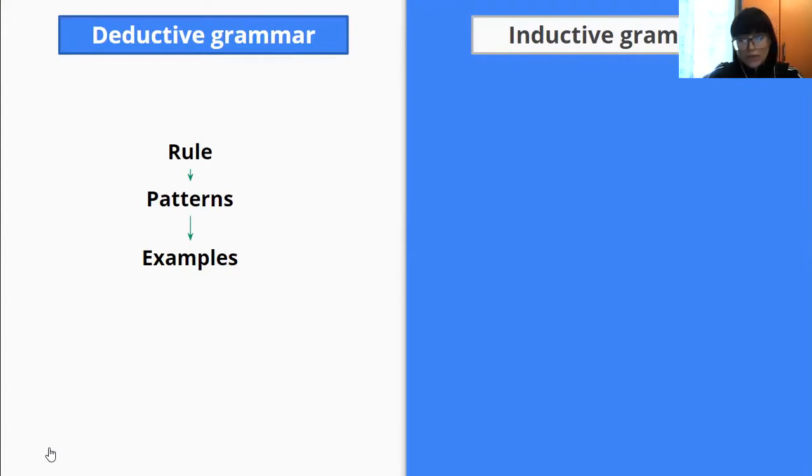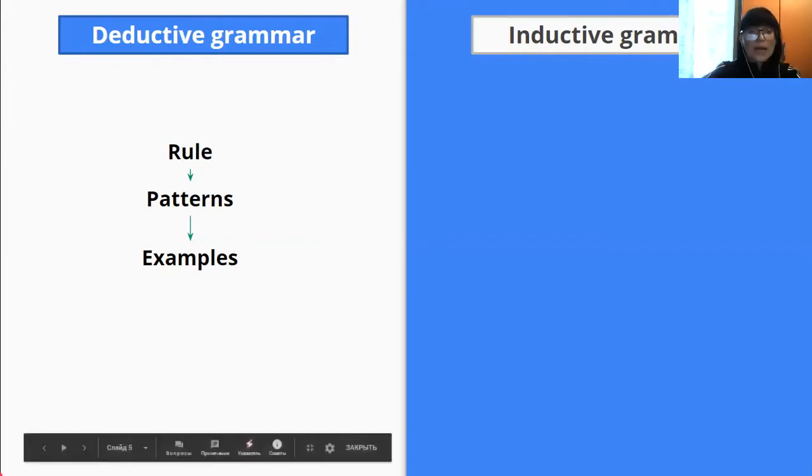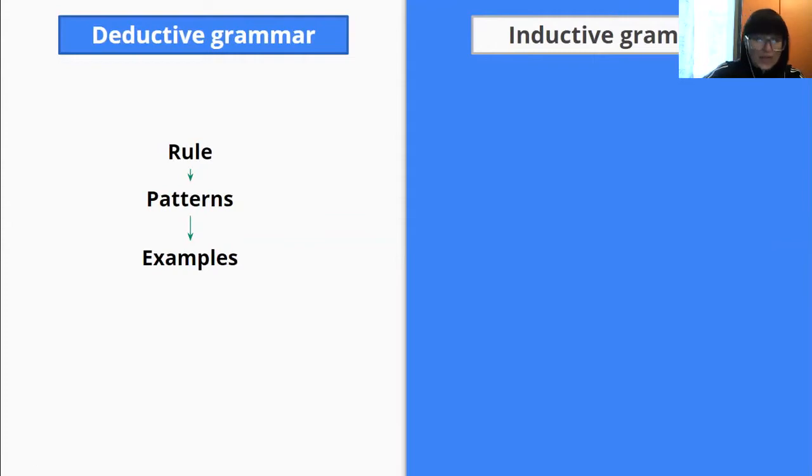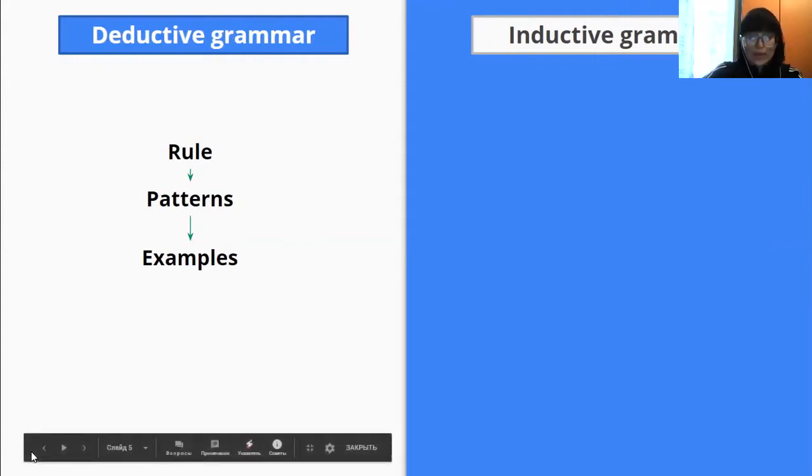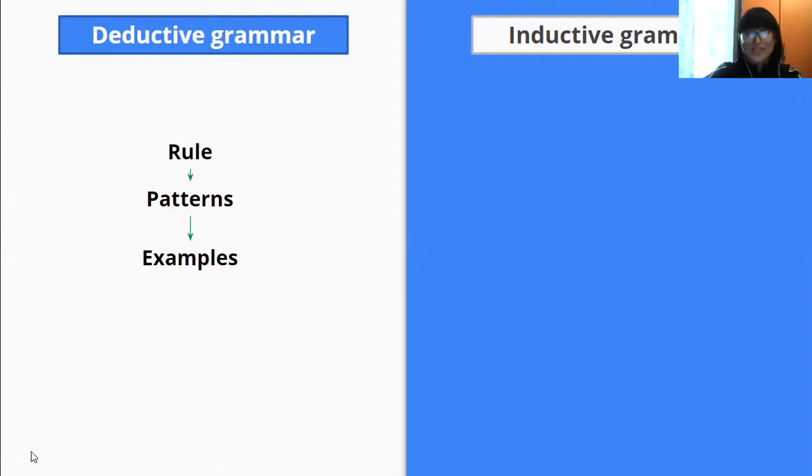Because in this case, we would have a slightly different sequence of steps. I do believe that you can help me here with the sequence of steps. How would it look? What would we begin with, right? Here the idea is that the student is supposed to be exposed to the context first. And only then we would come to the rule.